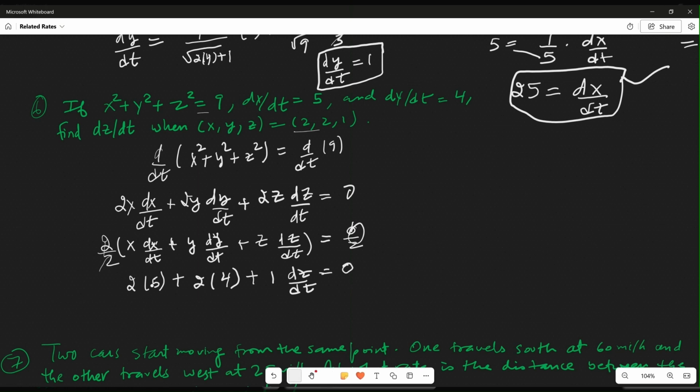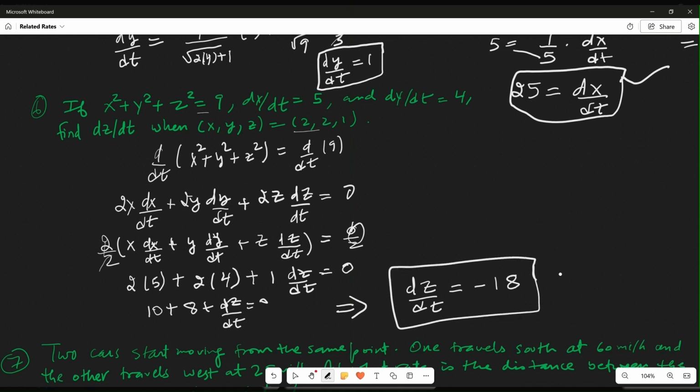So 10 plus 8 plus dz over dt equal to 0, which implies dz over dt is equal to negative 18. Correct? It was positive on this side, so it goes to the other side and becomes negative.